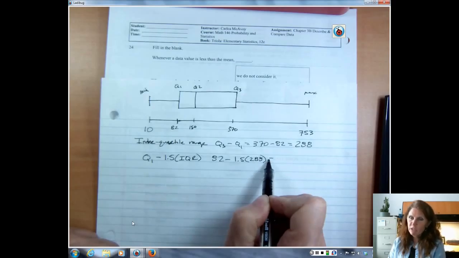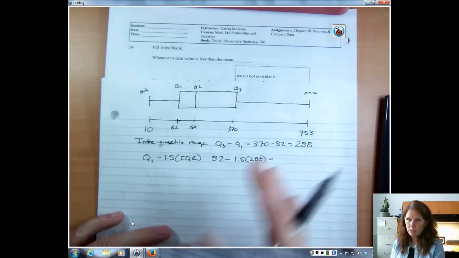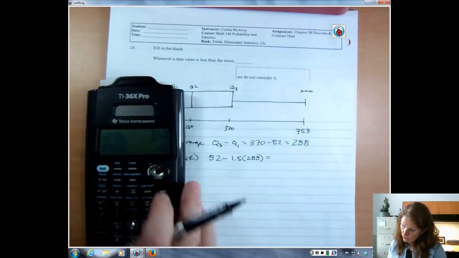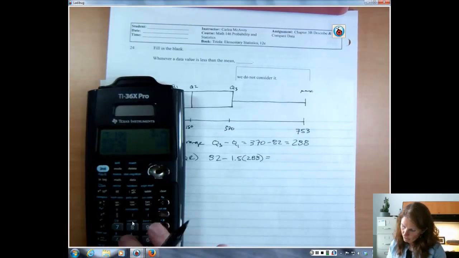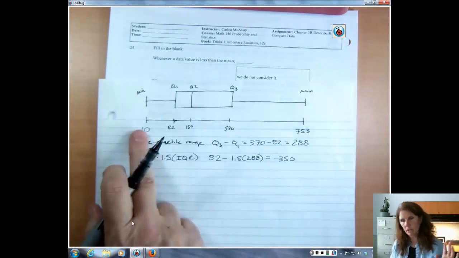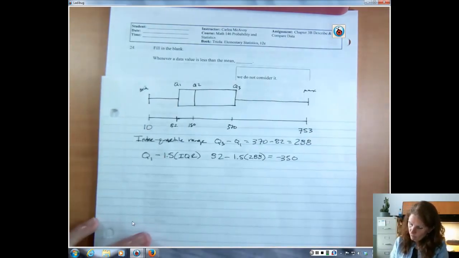That's going to give me a minimum value that I would accept as normal on my box plot. That would take me to negative 350. And my minimum value is 10, so I'm clear. Anything down to negative 350 would be normal.